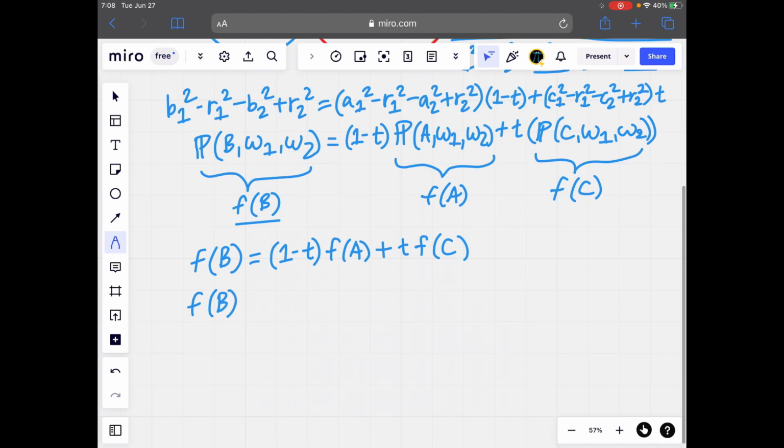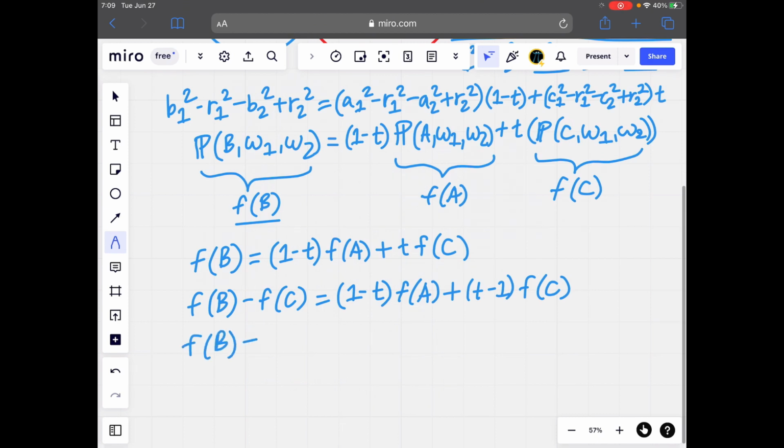If we do f of b minus f of c, we get that this is equal to 1 minus t times f of a plus t minus 1 times f of c. And that means f of b minus f of c is just equal to 1 minus t times f of a minus f of c.